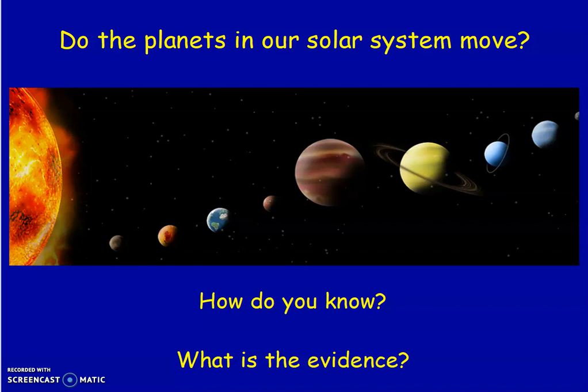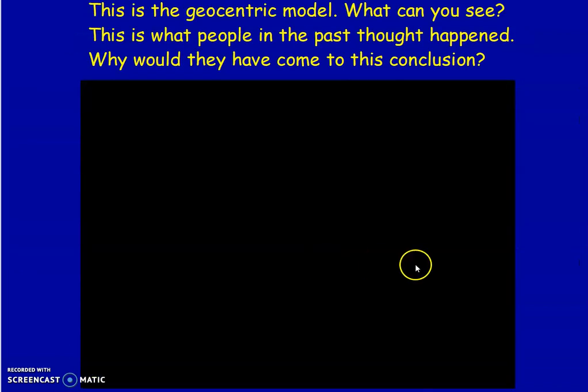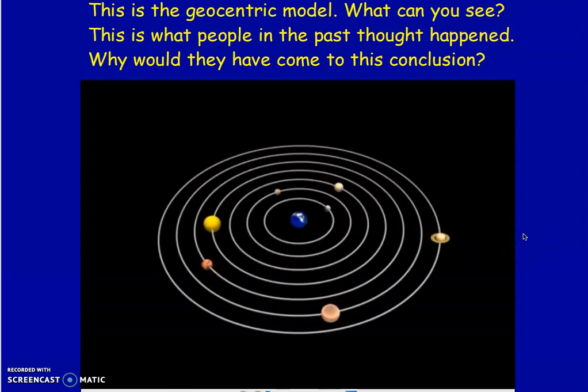So I'll go through the two models that we've got of how the planets move at the minute. This is what is called the geocentric model. What can you see? So let me know. This is what people in the past, hundreds of years ago, thought happened. As you can see, the Earth's in the centre.